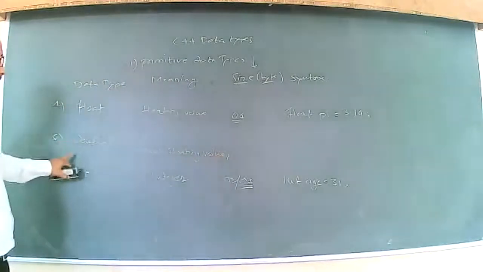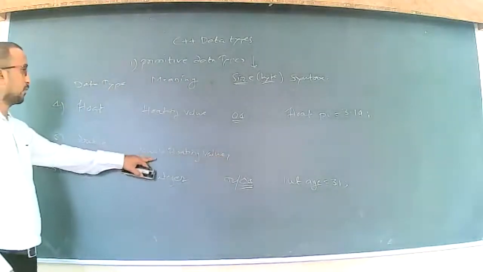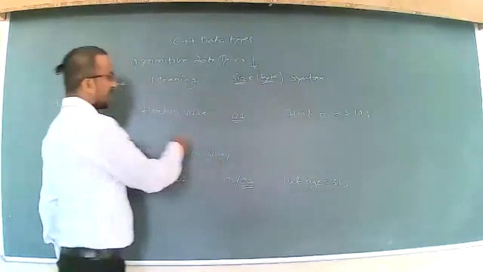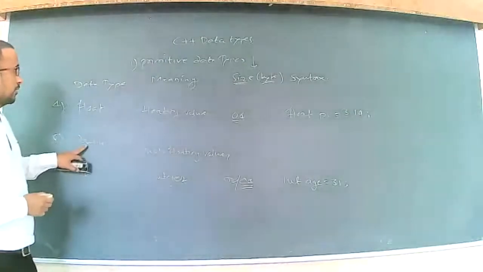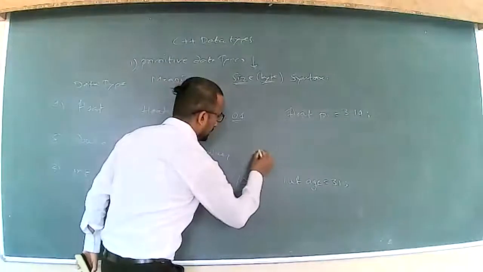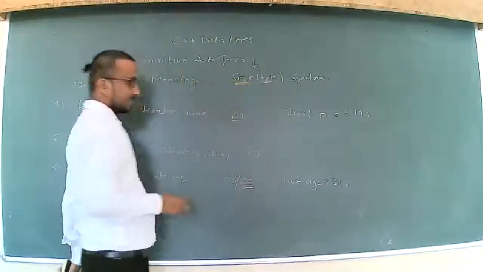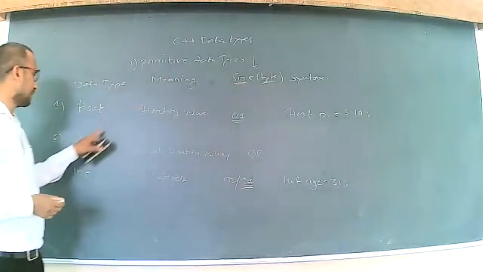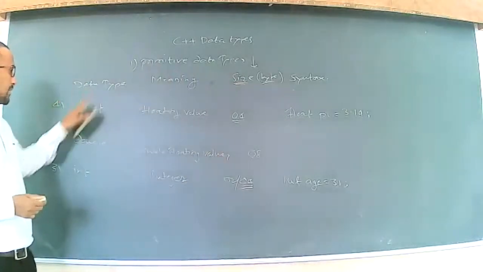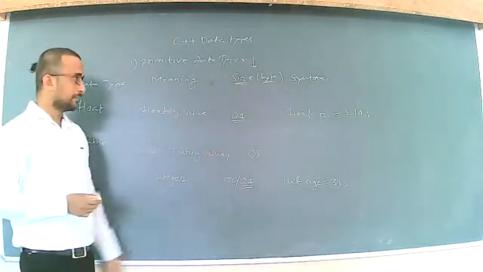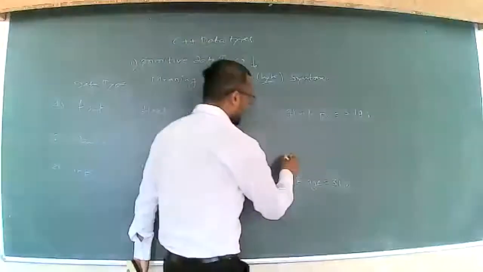The size that is allocated for such a double data type will be 8 bytes. Okay, the size which will be allocated to use a double data type will be 8. Now see the syntax.